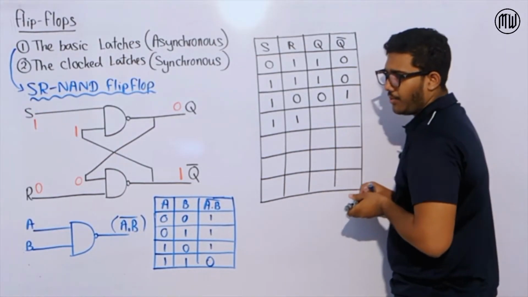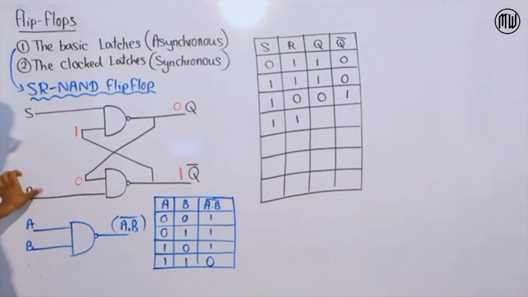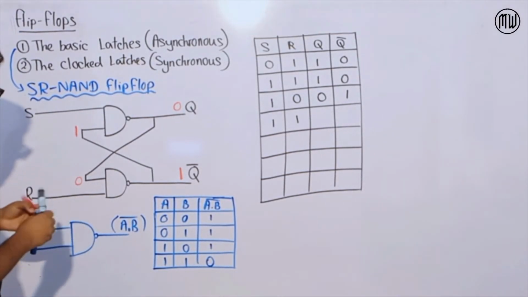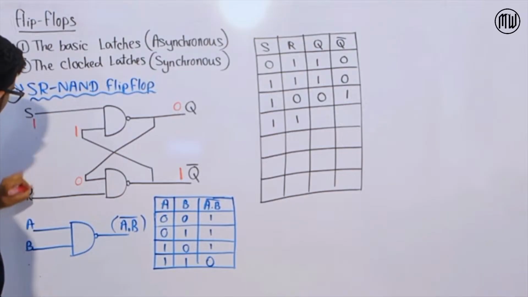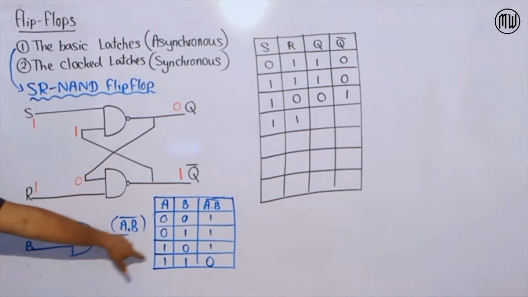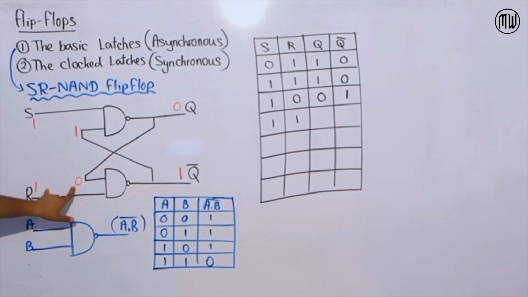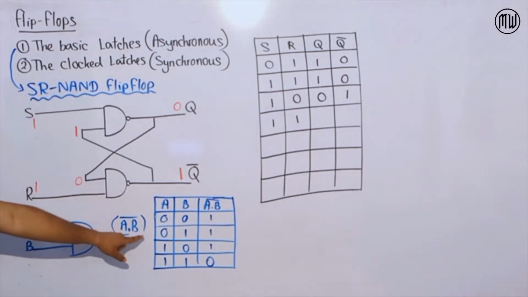I'm going to put 1 and 1 again. Right, we have 1 and 1. Here, we have 1, 1, which is 0. 0 moves down to here. 0 and 1 is 1.